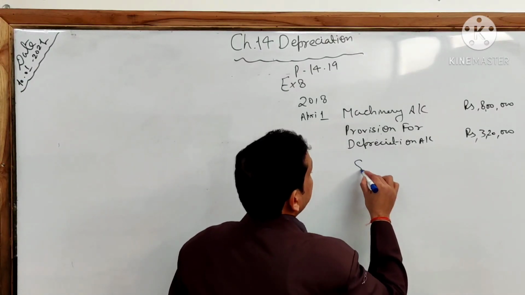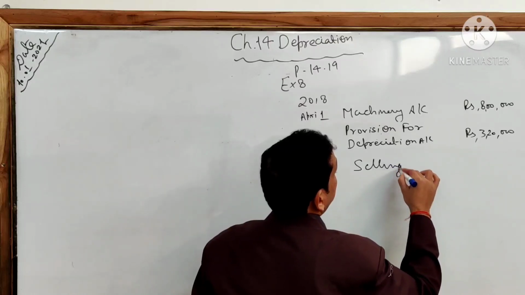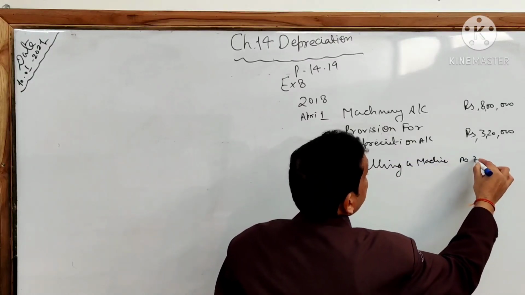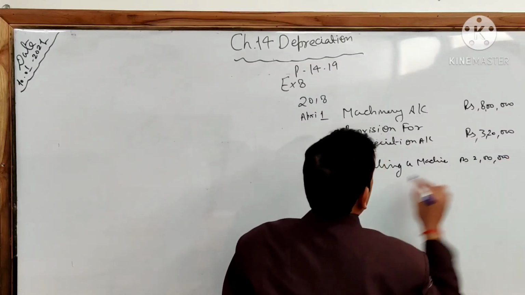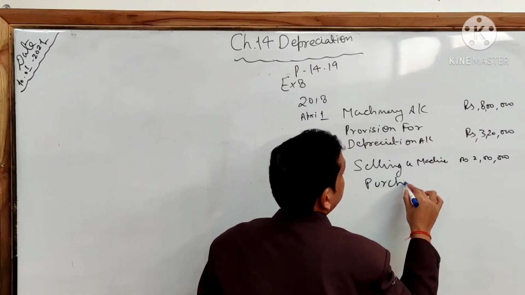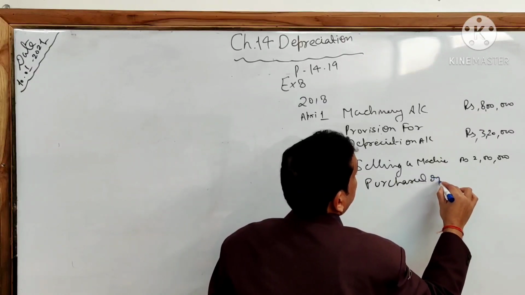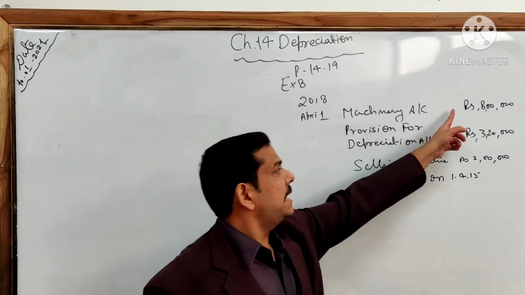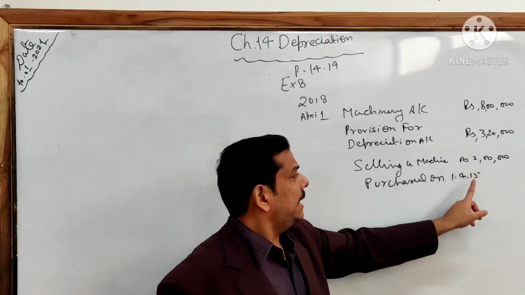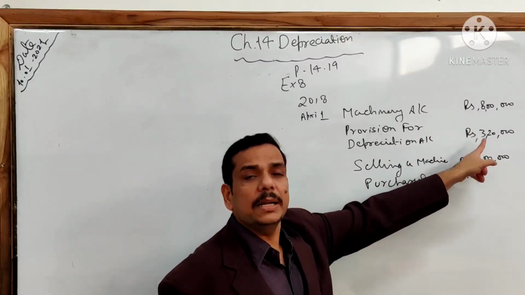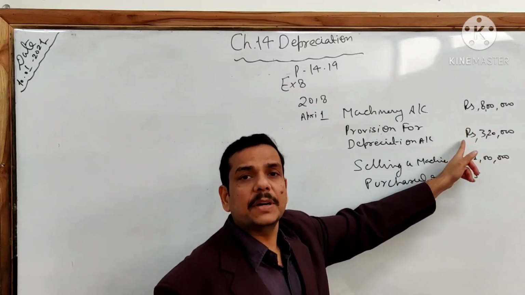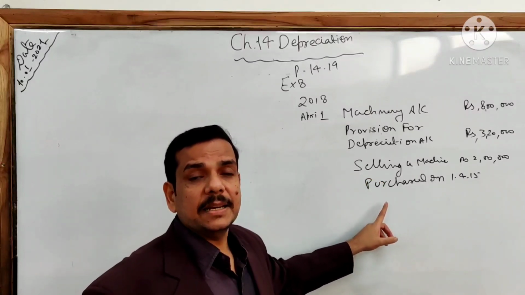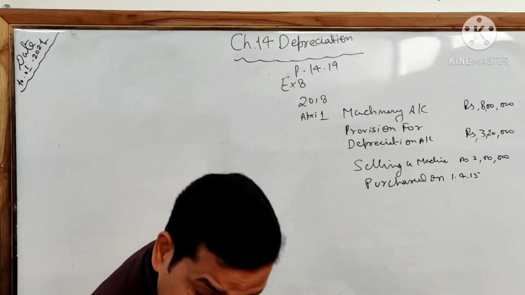On the same date, they are selling a machine for rupees 2 lakh, purchased on 1/4/15. So this balance is inclusive of this amount, and depreciation for the 3 years is included in this amount. First we will make working notes to find out how much depreciation there is from the date of purchase to the date of sale.